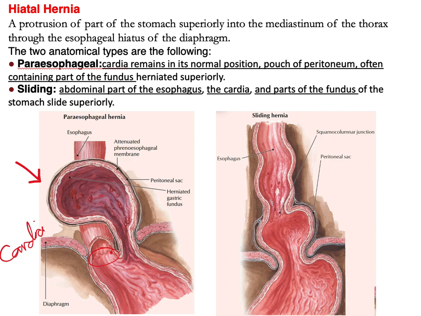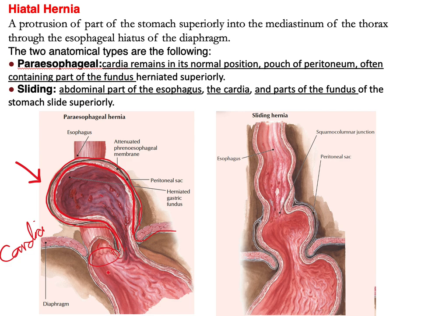That means the cardia remains in its normal position, but look at part of the fundus of the stomach that is surrounded by peritoneum. This is the peritoneum, right? So part of the peritoneum and part of the fundus here have moved up into the thorax. But look at the cardia. It's normally in its position.